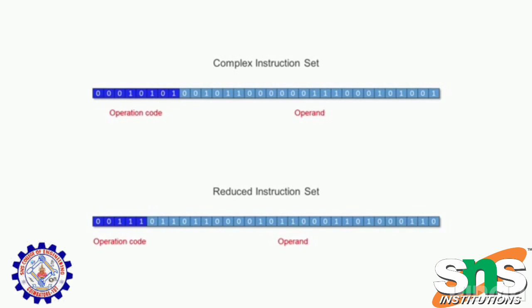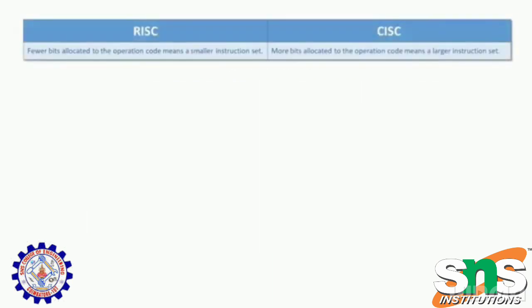Multiplying 2 numbers together with a RISC instruction set may involve several instructions that repeatedly add a number to itself within a loop. A CISC instruction set, on the other hand, might have a multiply operation. Because RISC instructions are less complex, more of them are needed to perform a particular task.